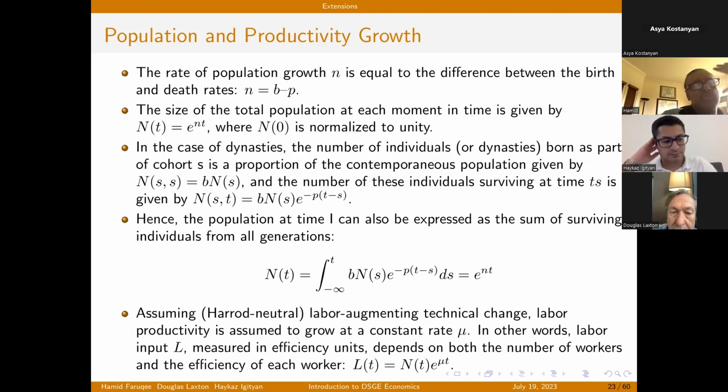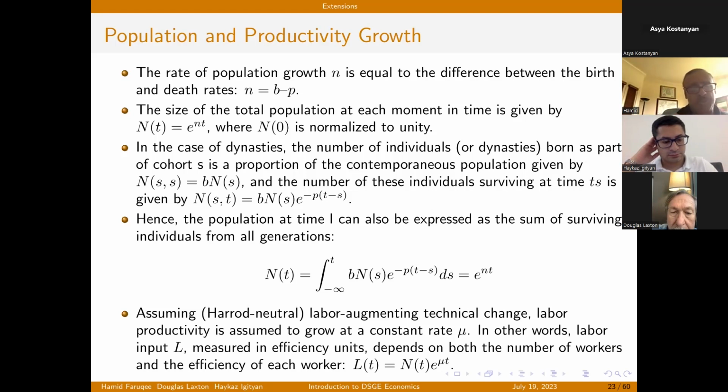The other extension that you can do straightforwardly in the model is assuming long-term productivity growth. We use the notation mu here. That will increase the scale of the economy over time if key macro variables are growing along, say, a balanced growth path alongside productivity growth.